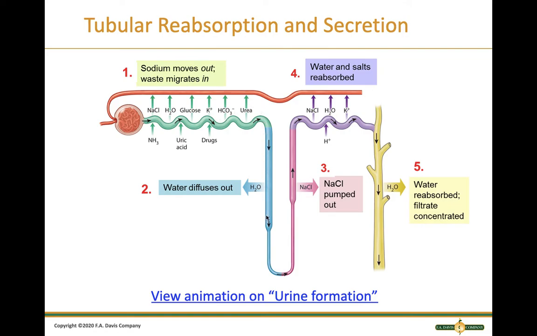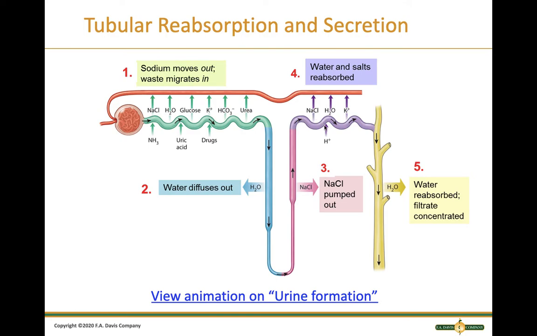In the descending limb of the loop of Henle, water diffuses out, and that concentrates the filtrate. In the ascending limb of the loop of Henle, sodium is pumped out, and water can't follow. So that makes it less concentrated again.